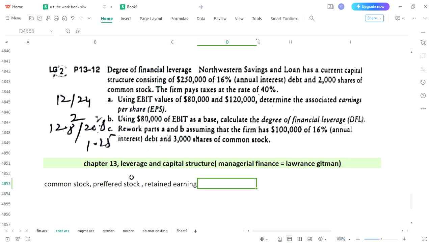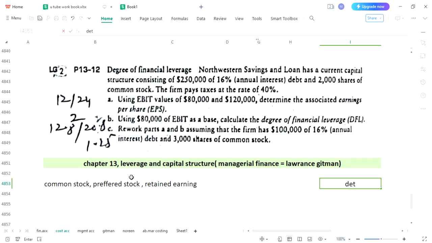And then on the other hand, we have seen debts: loans, debentures, bonds. Almost these four terms are similar when you are sourcing your finance from outside.